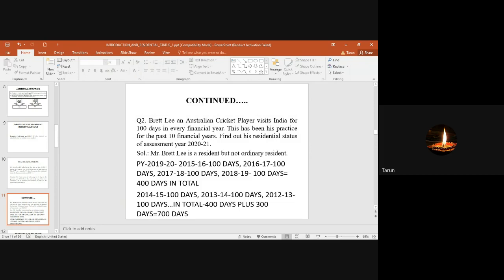So if you get to know the previous year, you can easily find out the preceding previous years as well, right? So it's not difficult at all. It's all about the rules. If you easily understand the rules, you can easily grasp the question.